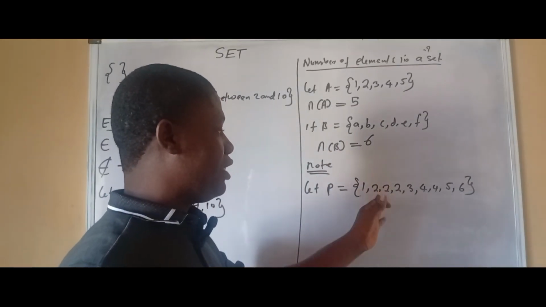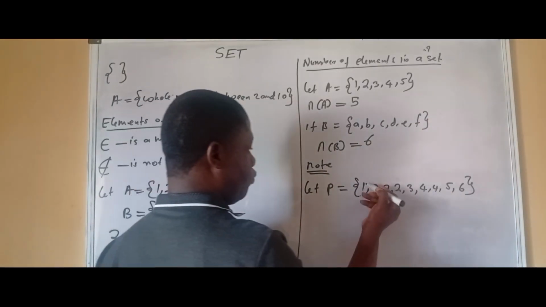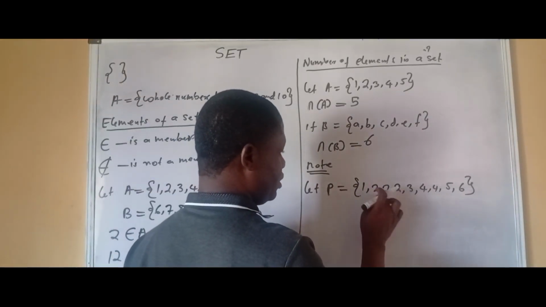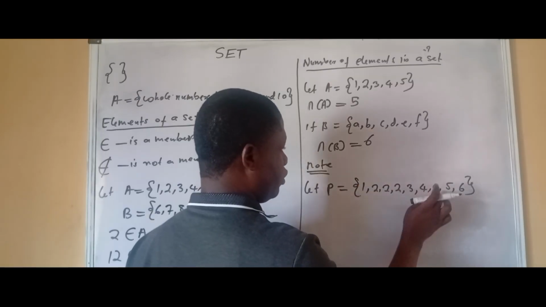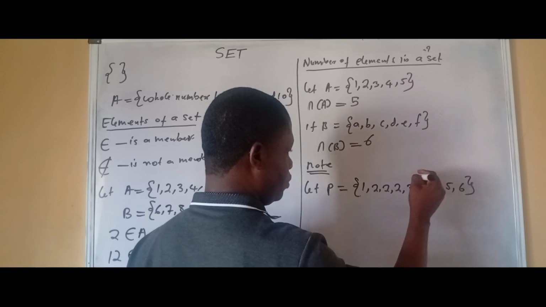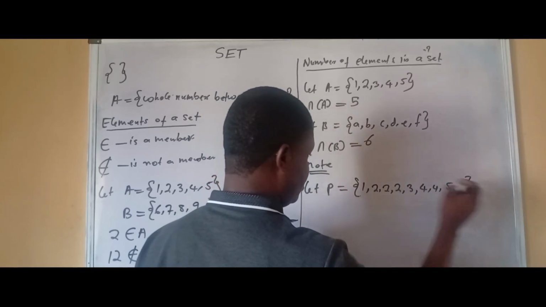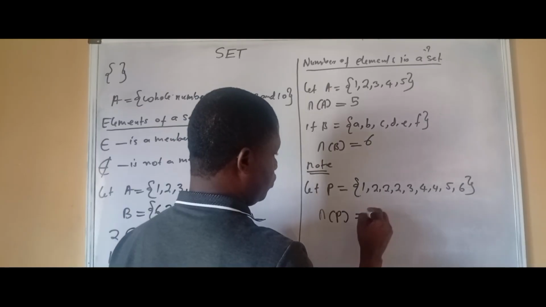Those repeated elements, we count them as 1. Since this 2 is repeated, we count it as 1. We'll take just one of it. 4 is repeated, we'll take just one of it. So let's count. We have 1, 2, 3, 4, 5, 6. So the number of elements in set P is equal to 6.